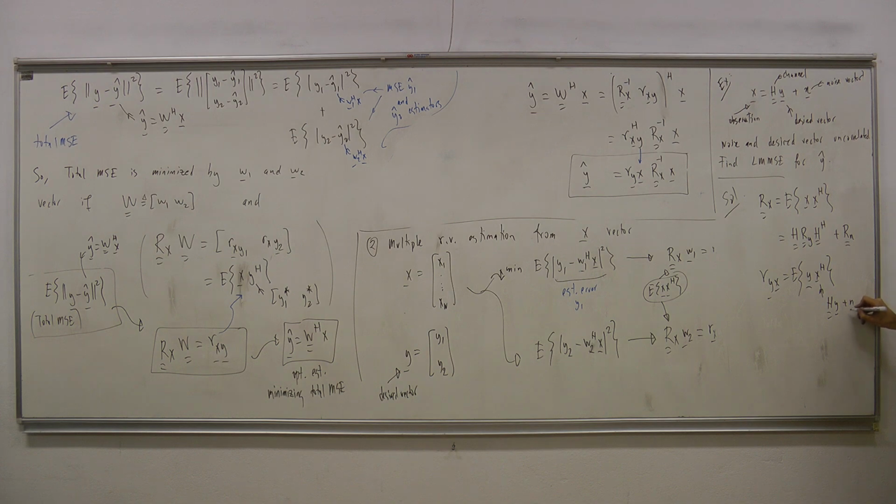So x is Hy plus n, Hermitian, right? So this is y Hermitian, then I have Ry and I have H Hermitian over here. And y and n are uncorrelated, so y times n Hermitian is all zero, uncorrelated and zero mean. So what happens?